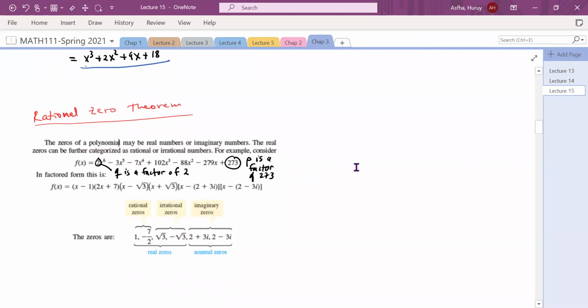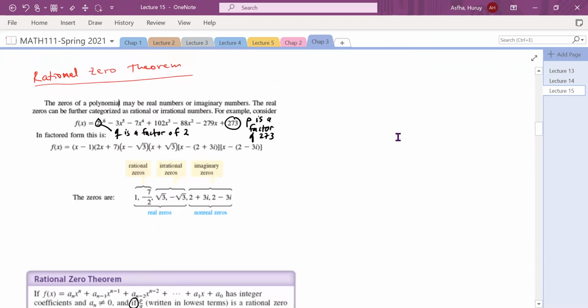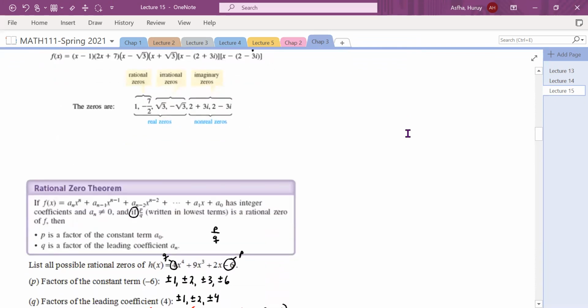Now, another theorem that is important here is the so-called rational zero theorem. It says if f of x, which is given by this format, has integer coefficients and an is different from 0. So an is the first one.